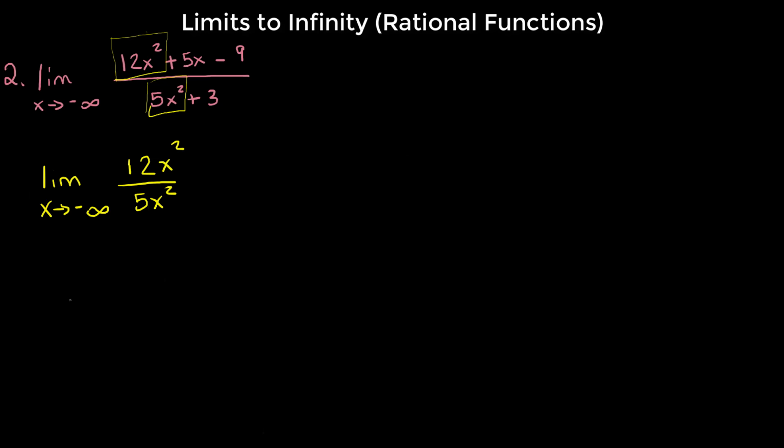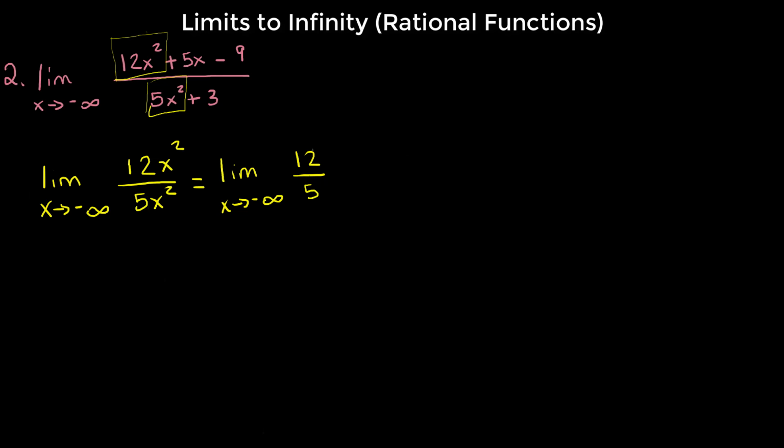All right. So step 4, well, here it is. I believe that we can see very clearly that because they are the same term, x squared and x squared, they grow at the same rate, and we can definitely simplify this. And so this limit is equal to the limit as x approaches negative infinity of 12 over 5.